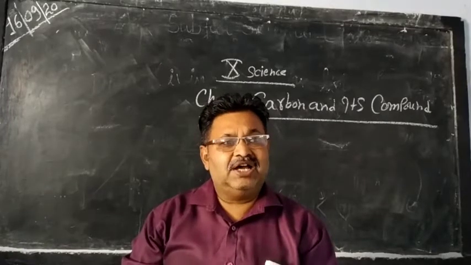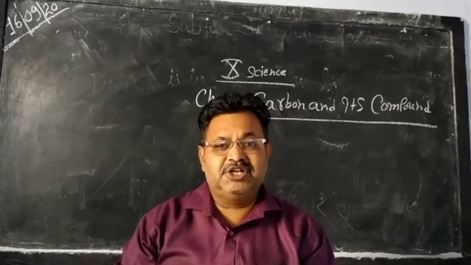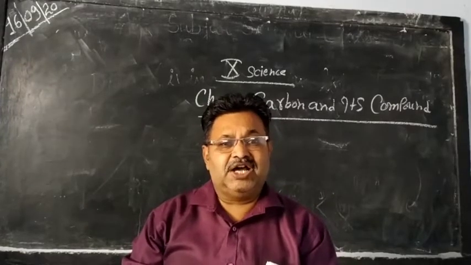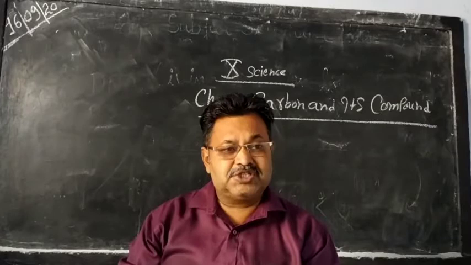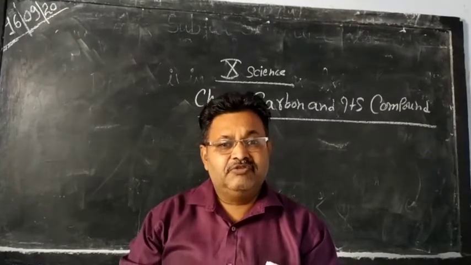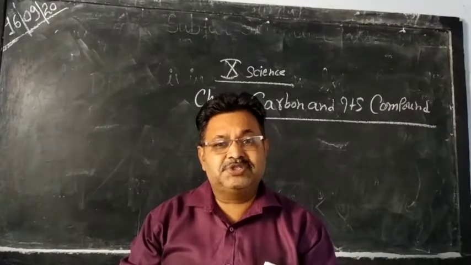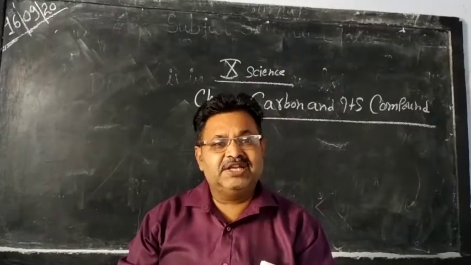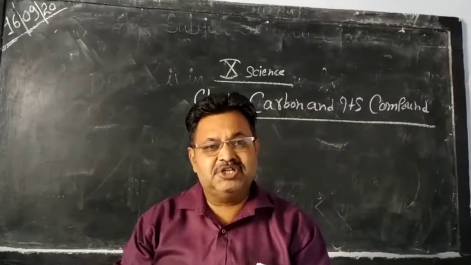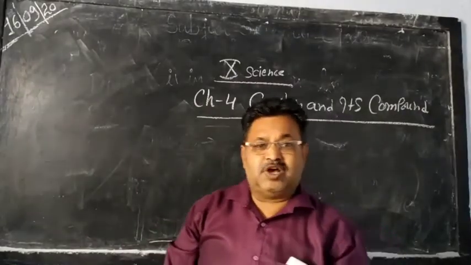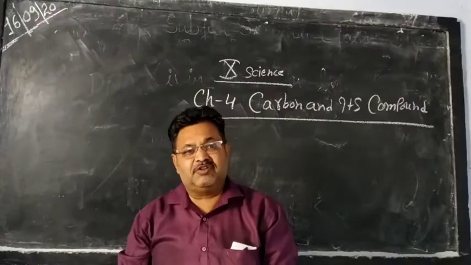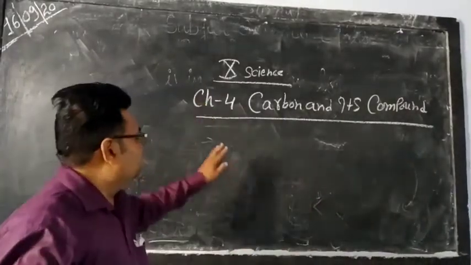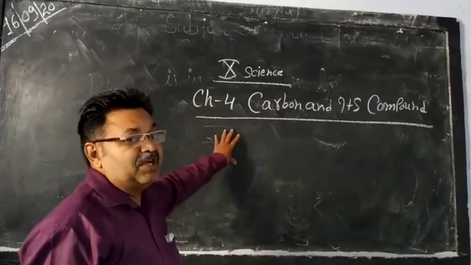It means the branch of chemistry that deals with those carbon compounds which are responsible for our life, or from which we can produce life-saving drugs, is known as organic chemistry. So in organic chemistry, we study those organic compounds which are essential for our life and living processes. So we can now discuss carbon and its compounds.